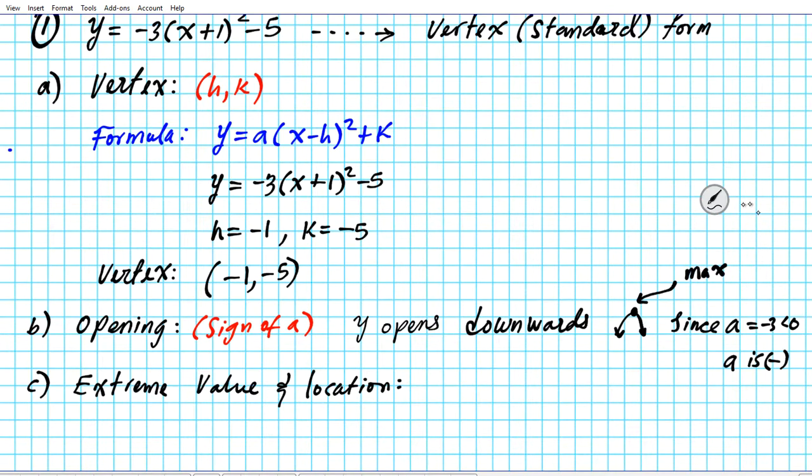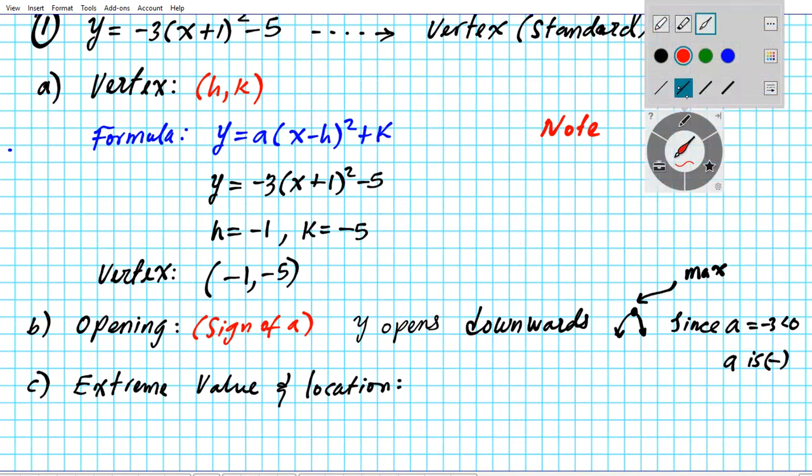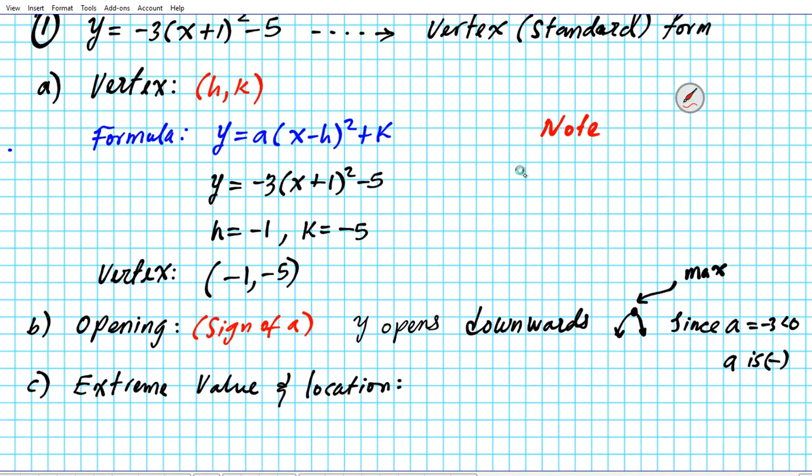Let's put a side note here. Something to keep in mind is that if a is less than 0, we have a sad scenario, a downward facing parabola as indicated here, which means we have a maximum as the extrema. If a were positive, we have an upward opening parabola, which means that our extrema will be a minimum.